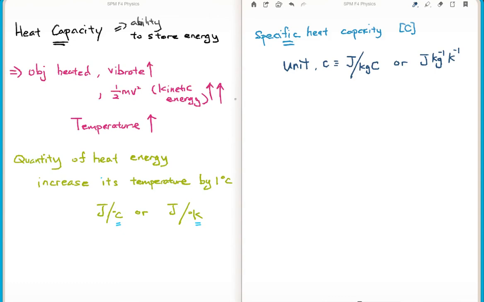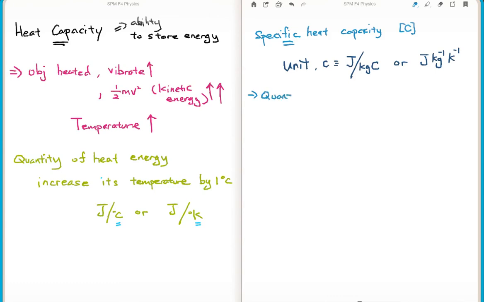Specific meaning it has to be divided by a mass. So for the actual definition of it, you may go through it, but to simplify it to help you make some short notes from my video, it's actually again the same.